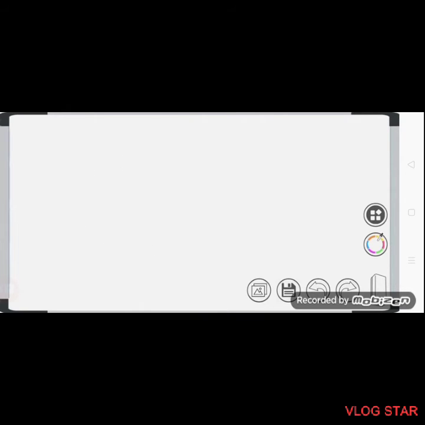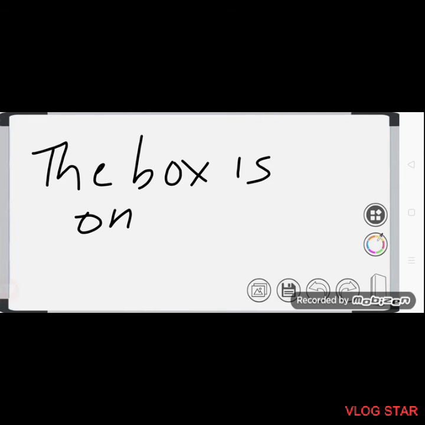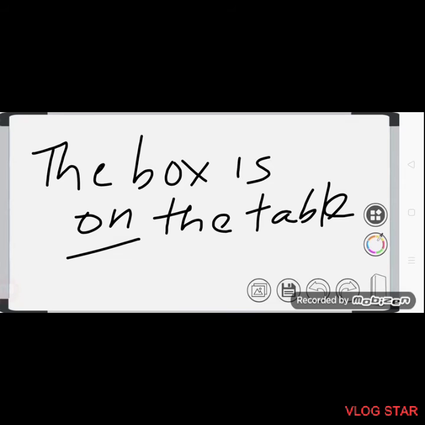For example, the box is on the table. We use "on" to show the relationship of the box to the table.